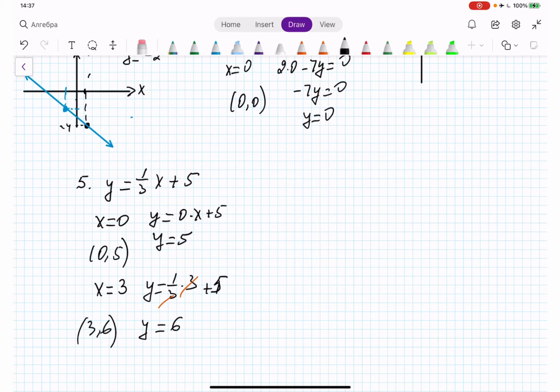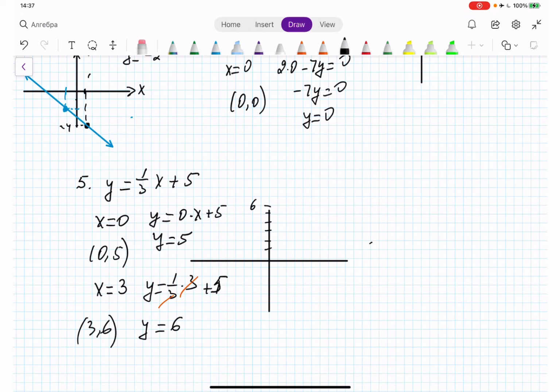Okay, let's build the graph. 1, 2, 3, 4, 5, 6. You know what? I can move this down. Oh, I see. Okay, let it stay there. This is 6, and I need 5 also.